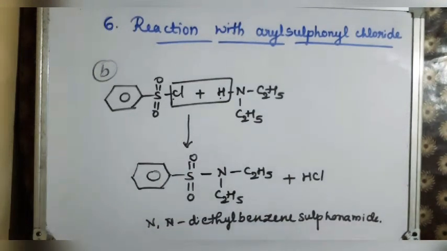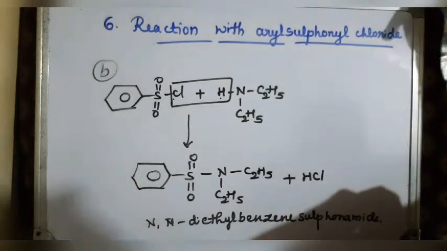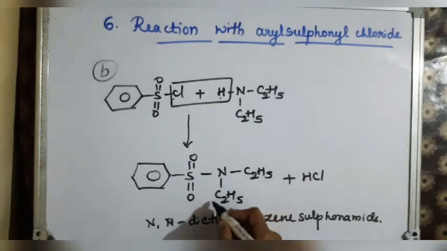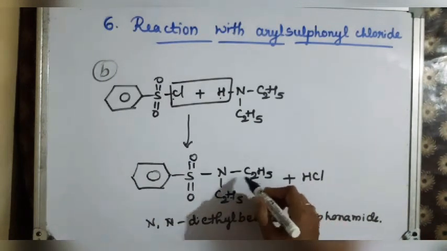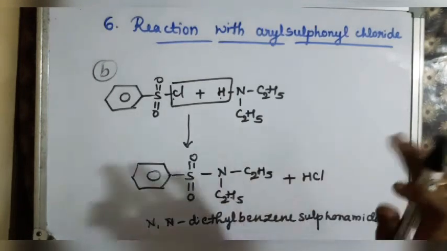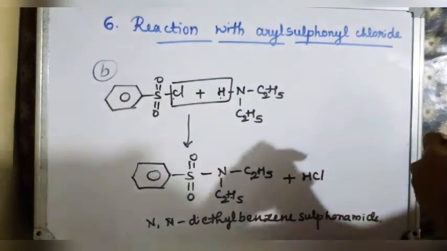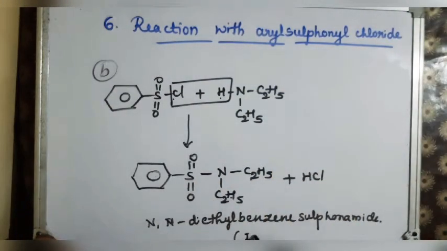There is a formation of N,N-disubstituted benzene sulfonamide, and here you can observe that it is not having any hydrogen on the nitrogen. So both are alkyl groups. There is no hydrogen here, so there is no acidic proton present on the nitrogen atom, because of which it is not acidic in nature, so it is insoluble in alkali.